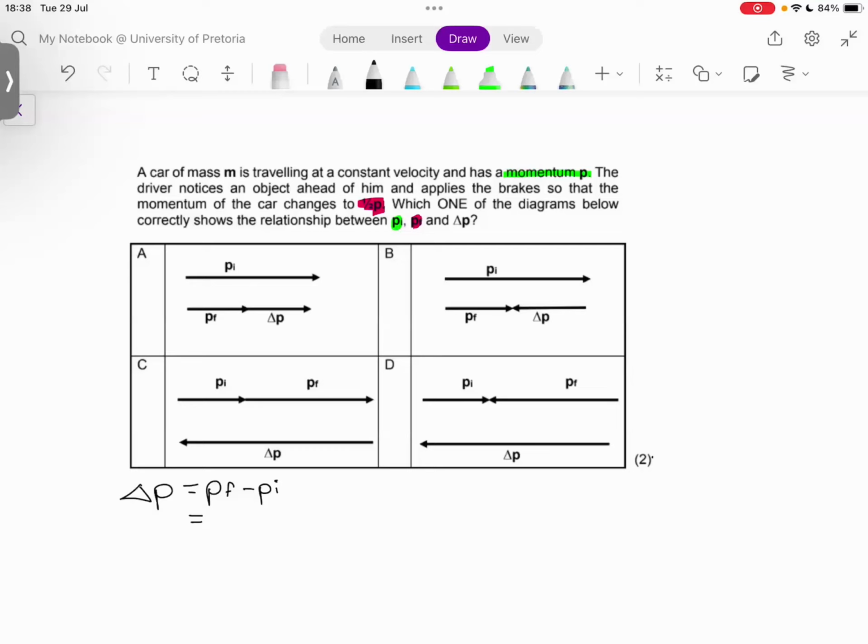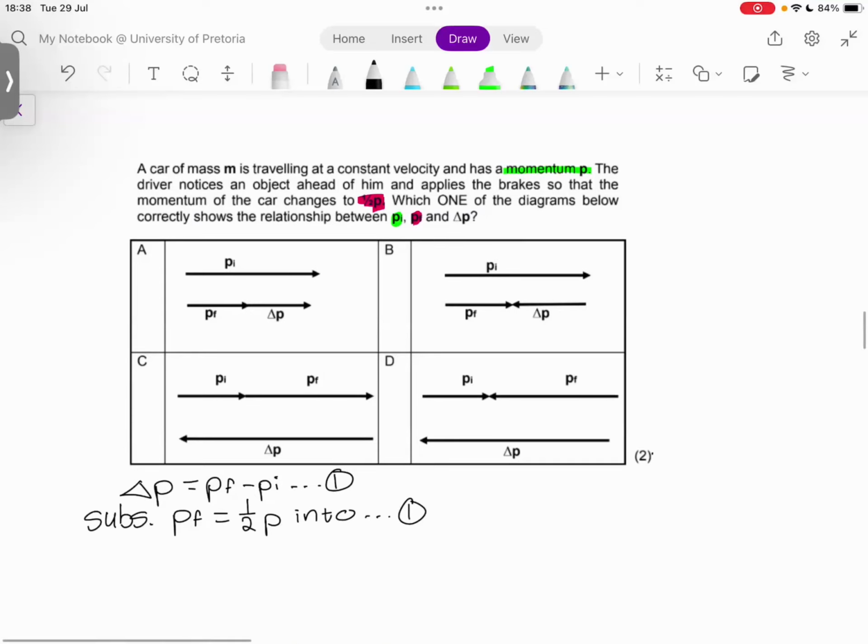From the paragraph that we were given, we were told that the final momentum is half of p. So I'm going to substitute that in. Let me actually write it down. Substitute pf is equal to half of p into equation 1. That then gives us delta p is equal to half of p minus pi.